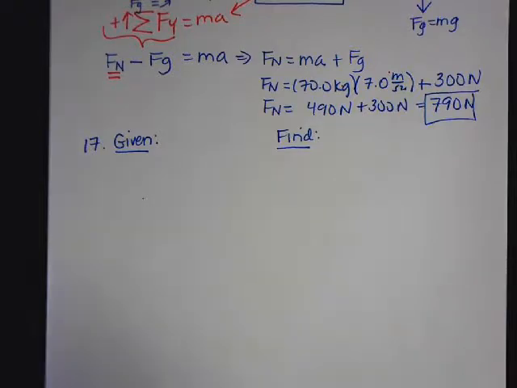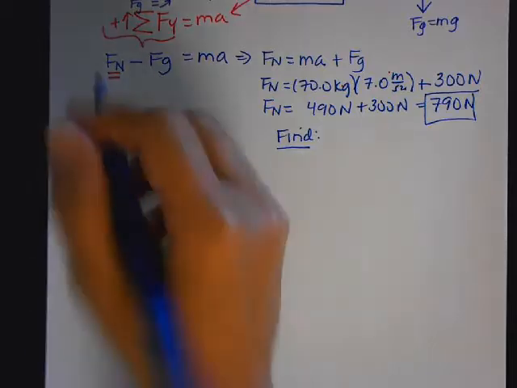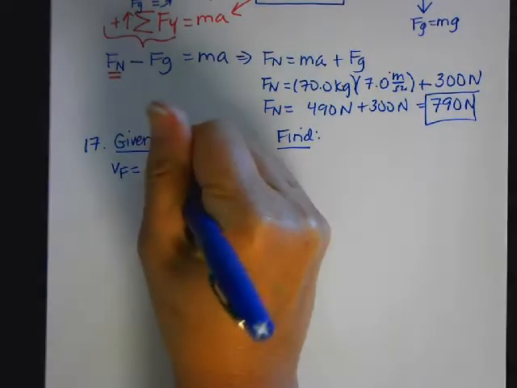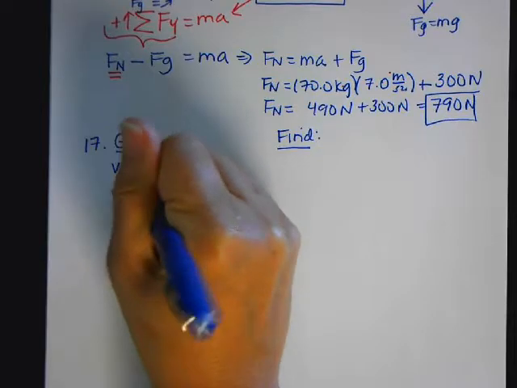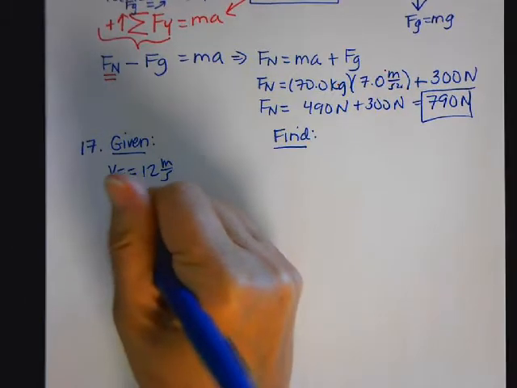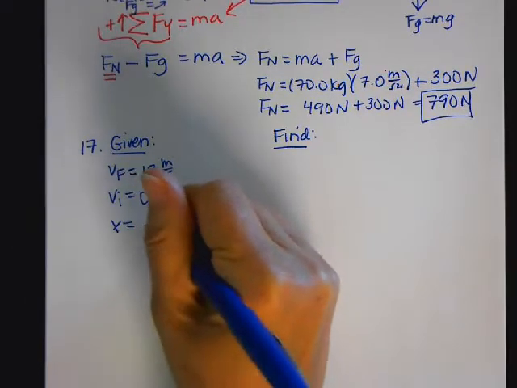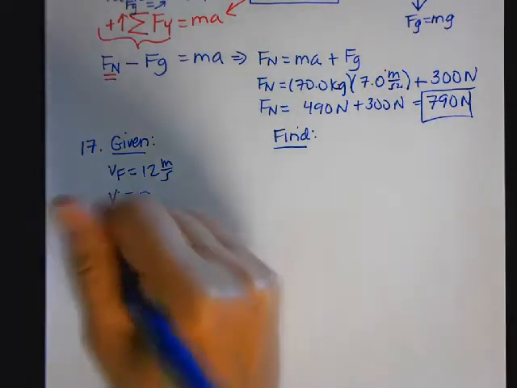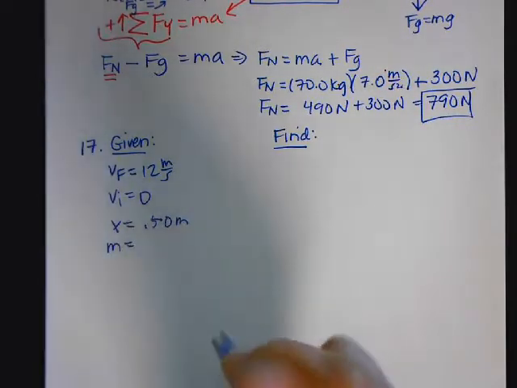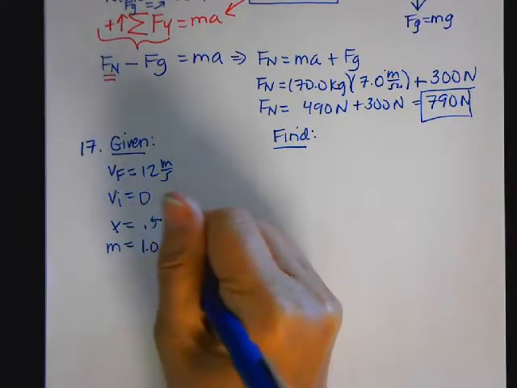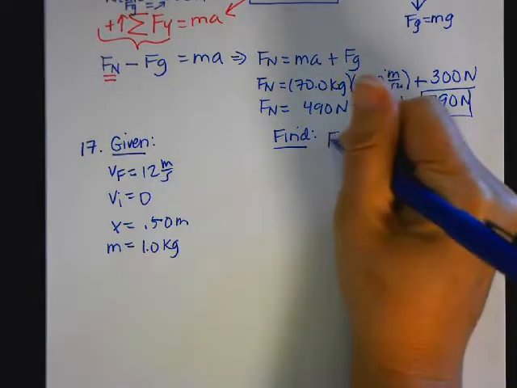If it's acquiring a speed, that means they really didn't start off with that speed. So we'll say Vf is equal to 12 and Vi is equal to 0. When a force is applied for a distance of 0.5 meters, so x is equal to 0.5 meters. If the ball has a mass of 1 kilogram, you see how I'm chunking? I'm reading one thing at a time and writing it down. What is the force applied? So I want to find F.